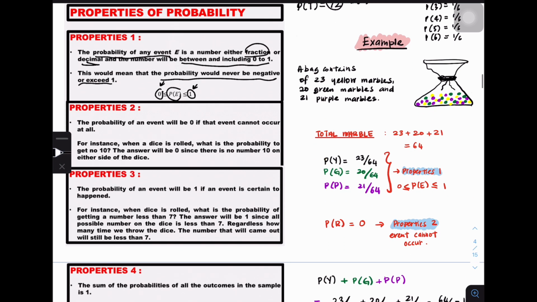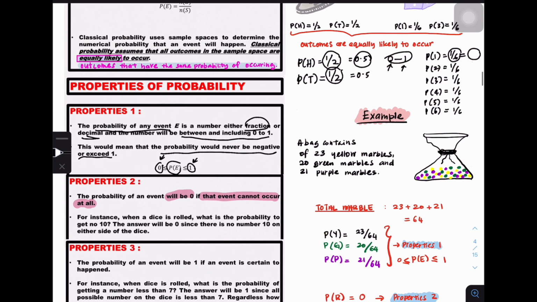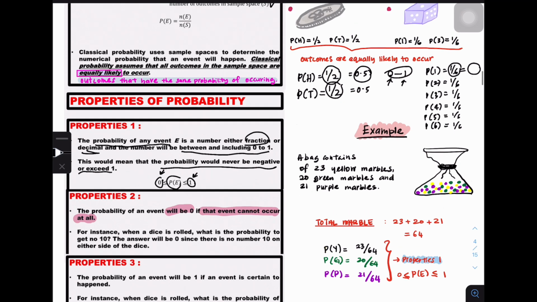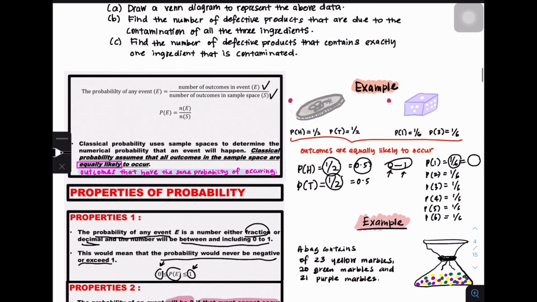Yang kedua, the probability of an event will be 0 if that event cannot occur at all. So probability untuk sesuatu event itu equal to 0 bila event itu is impossible to happen. Contoh, kalau saya rolling a die, saya nak cari berapa probability saya akan dapat number 7.